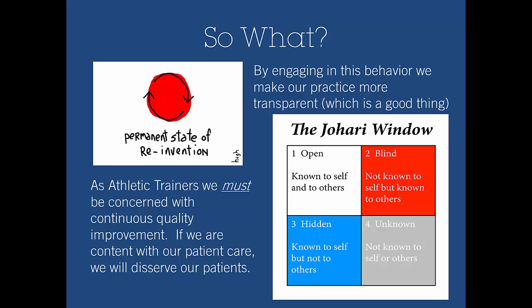And so why does this matter? I think the first thing that is really important with action-based research and action research is that as athletic trainers, we must be concerned about the continuous quality improvement of ourselves for our patients. If we become content with our own clinical practice or our own patient care, our patients will suffer.